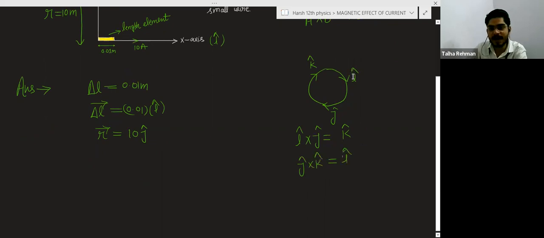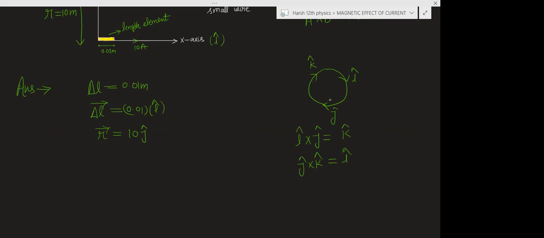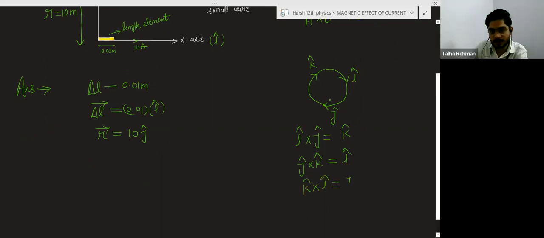And K cross I is equal to J. Suppose a random thing I have given.